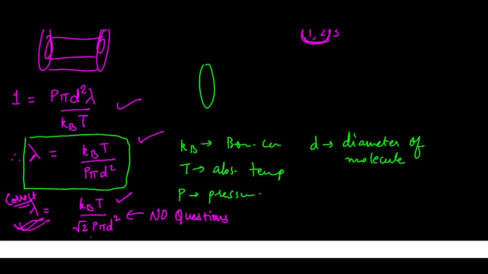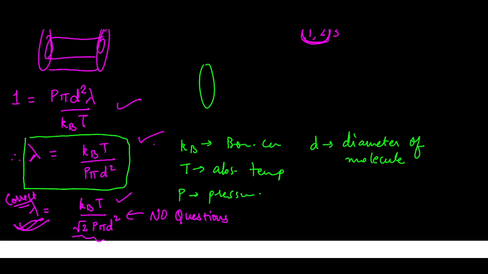So you can lean towards this one, because we know that it is better. So this is a simple derivation, lambda equal to kBT by P pi d square. A more accurate one is lambda equal to kBT by root 2 P pi d square. Okay, now we are going to solve a couple of questions related to this.